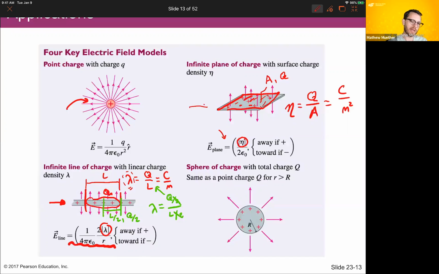So the infinite plane, you'll be able to see in your book that they essentially calculate the electric field at some point perpendicular to the middle of a disk. And then once they have that electric field, they expand it out to an infinite plane.